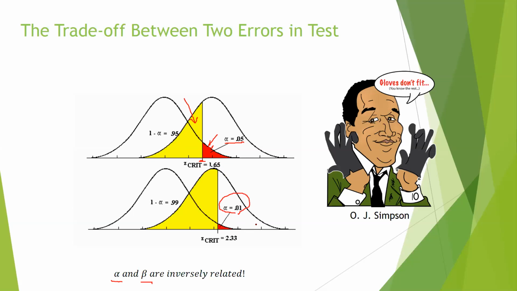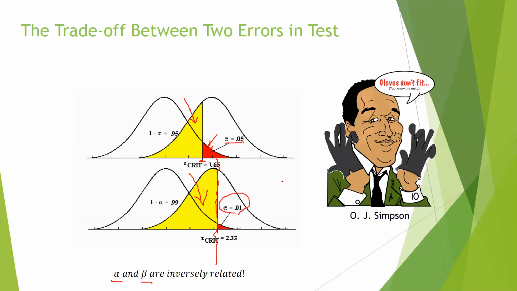But what's the consequence? Because this test shares the same selection criterion, if we reduce the type 1 error, at the same time we're going to increase the type 2 error. Is that right? Can you see the relationship between them? Yep, very good.